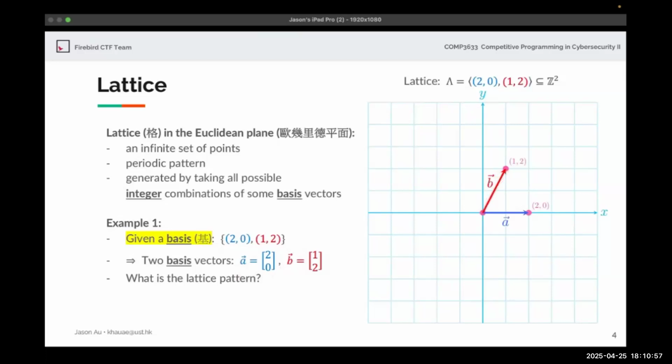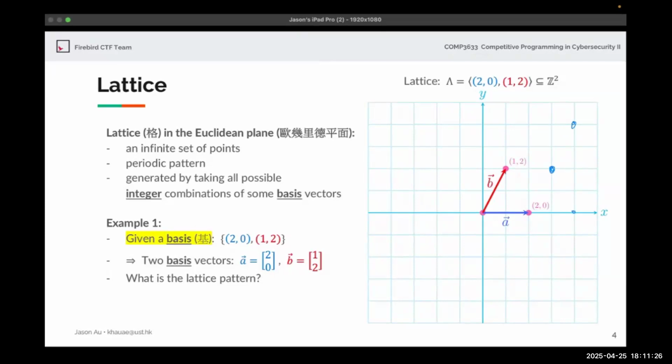So of course, these 3 points are the points within the lattice. And by some integer combinations, like if we have A here and B here, we will get this point. So this point is also a point in the lattice. If you further extend, like extend a B here, we will also get this point. And if we extend one more A, we will get this.